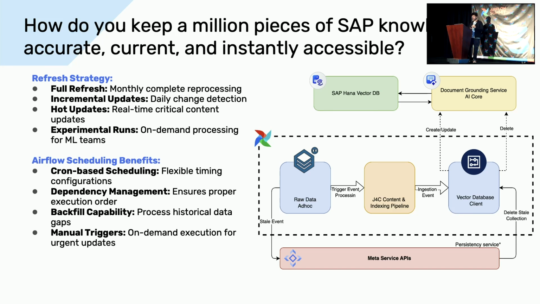We check and compare whether the data has changed. If so, we mark the previous one as stale, and Airflow takes care of running the pipeline on the fresh content. We trigger a delete event for the vector DB to remove the stale data and refresh it with the new one.